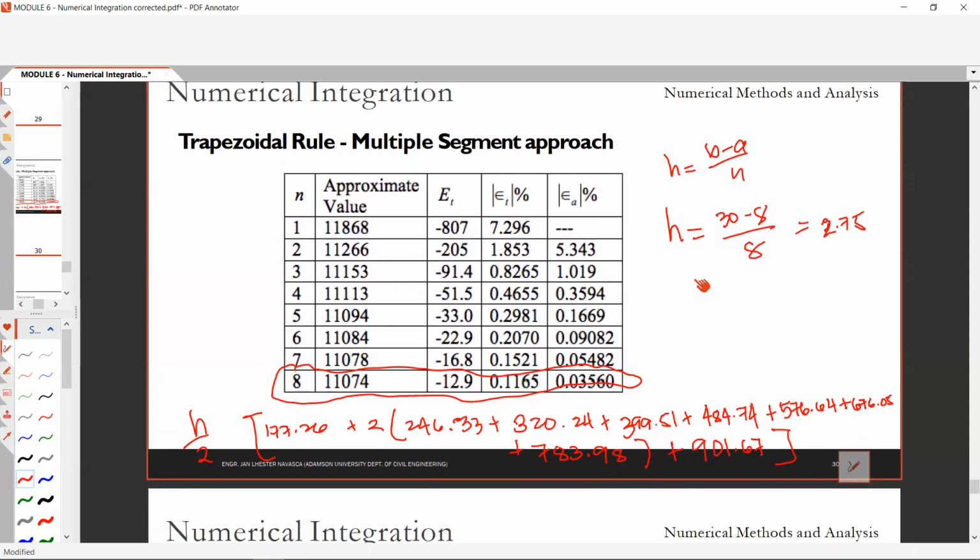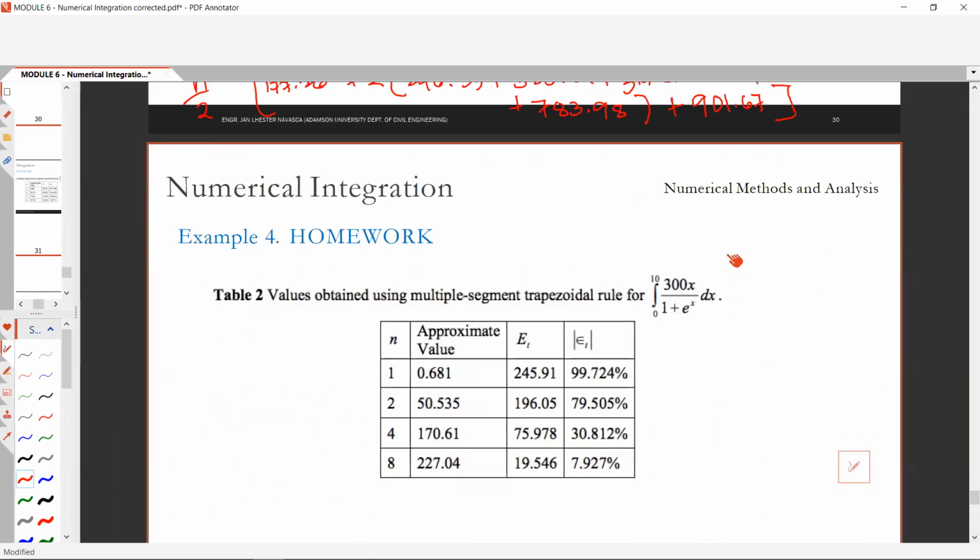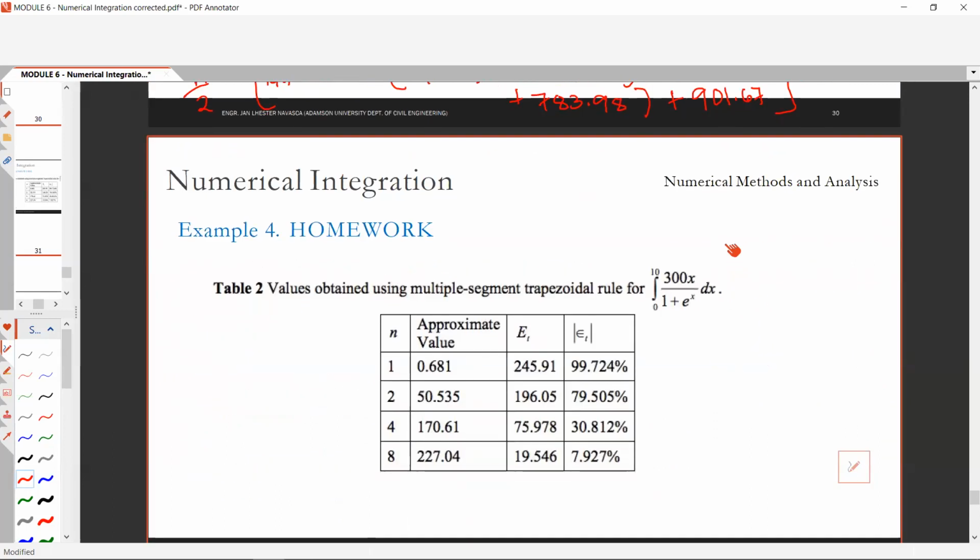Okay. So for your homework, Homework 4, obtain the values of multiple segment trapezoidal rule of the integral of 300x over 1 plus e raised to x dx from 0 to 10.